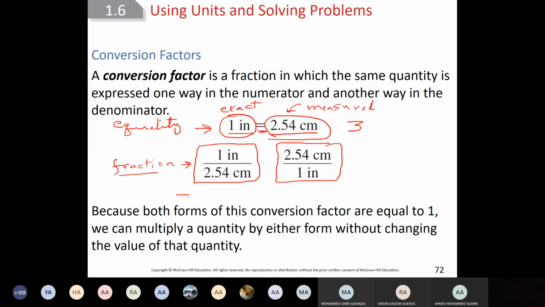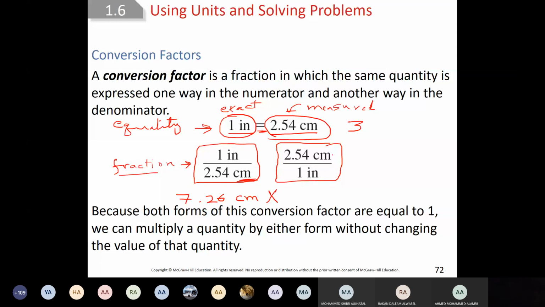How? If I have 7.26 centimeter, then how many inches are there in this number? What should you write? You should keep track of units. Use one of these equalities that contains centimeter in the bottom.